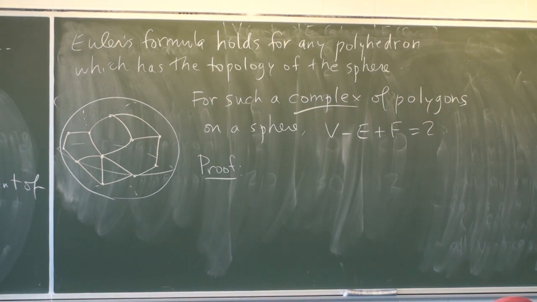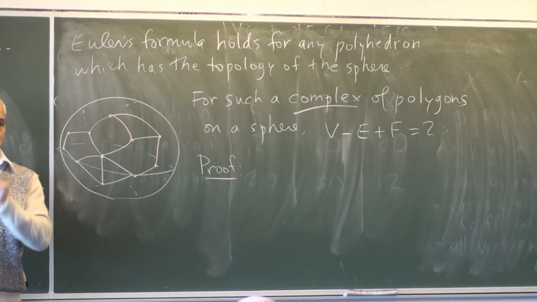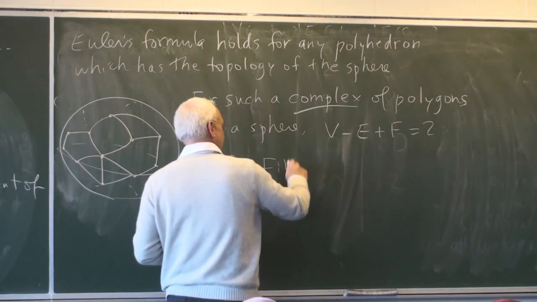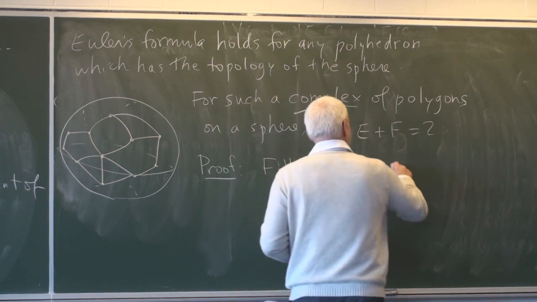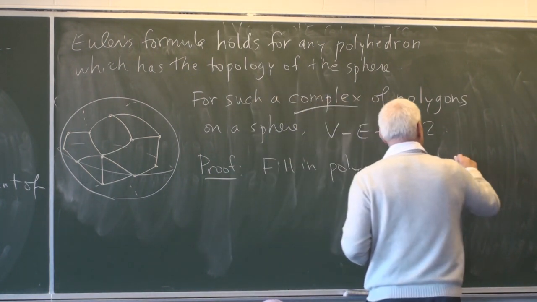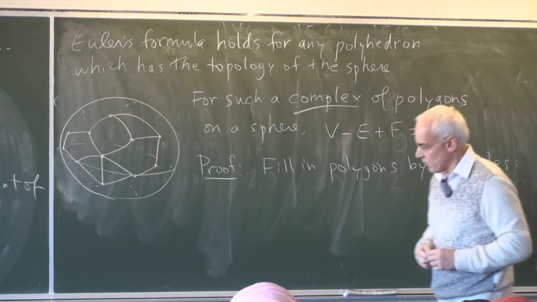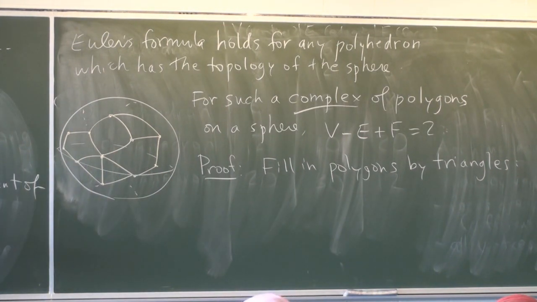So the proof amounts to, first of all, we would like to replace these rather arbitrary polygons with rather nice triangles. Okay? So we're going to fill in the polygons by triangles. In what way? Well, we're going to do a number of things.